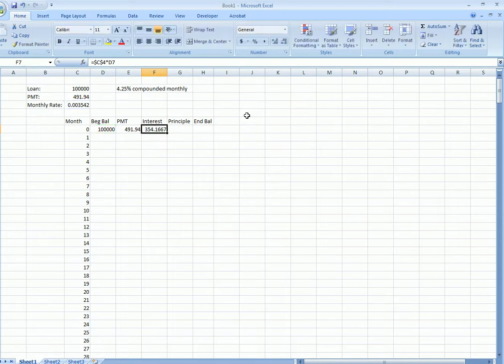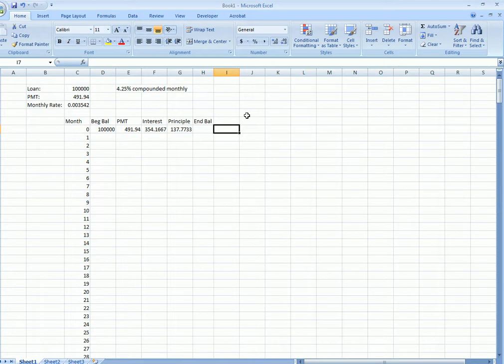Okay, so that means that 0.3542% of a $100,000 balance tells me that my total interest is going to be $354.17. So to calculate my principal, in other words, what's going towards paying down my balance, I'm going to say equals, take my payment, subtract away what goes towards interest, and that means only $137.77 of that goes towards my actual principal.